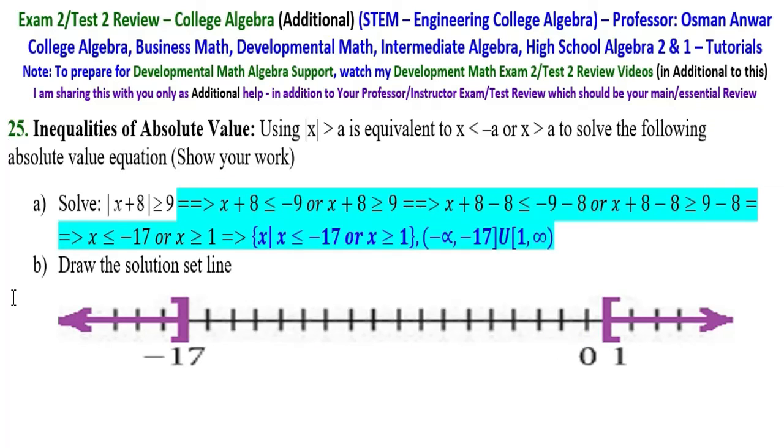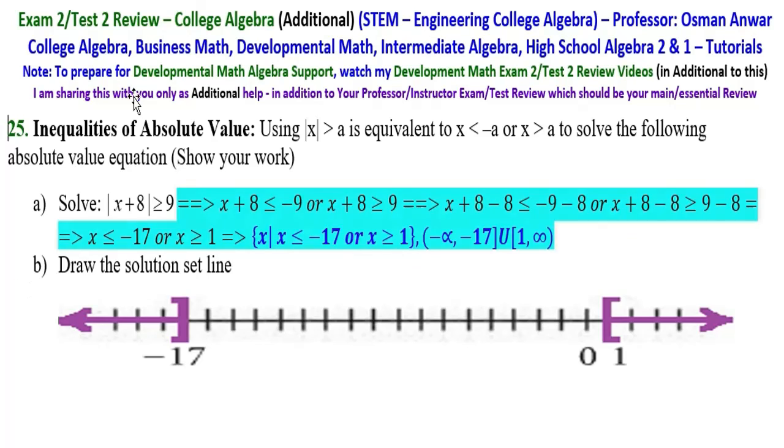Number 25, inequality of absolute value. Using absolute value of x greater than a is equivalent to x is less than minus a or x is greater than a to solve the following absolute value inequality.